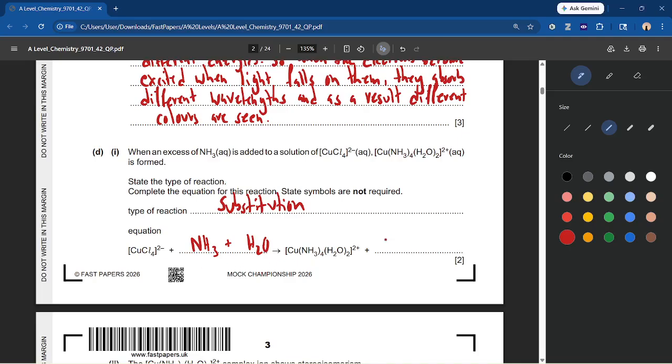So at the bottom end of this, you're going to have 4 chloride ions. That's pretty self-explanatory. And let's take a look at what we've got over here. So it says 2H2O. So this should be very simple. Just put 2 over here. And you've displaced 4 chloride ions. So the ammonia is going to replace all that chloride. So you're going to put a nice clean 4 over here. And you're good to go.